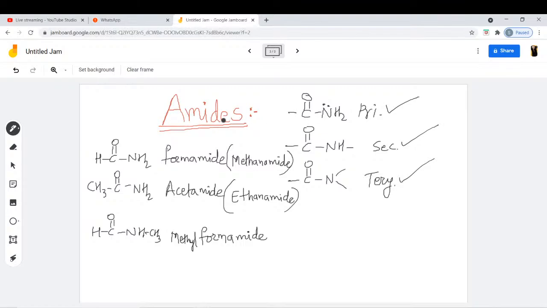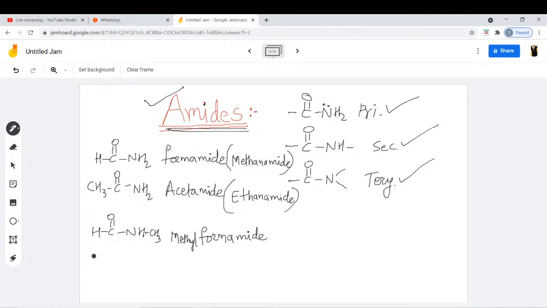Many nitrogen-containing compounds are basic in nature, but this is neutral, and it tries to maintain the pH of soil. So that's why amides are quite important in our day-to-day life. Next, you can take more examples here. After looking at more examples we can conclude the same.